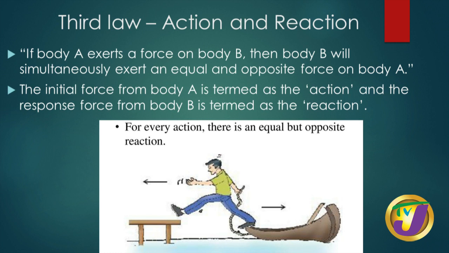So if I push on something, it will push back on me with the same value of force, but in the opposite direction. So if I push towards the screen and something is there, that thing will push back at me, behind me. The initial force from body A is termed the action. So that's where the term action comes from.